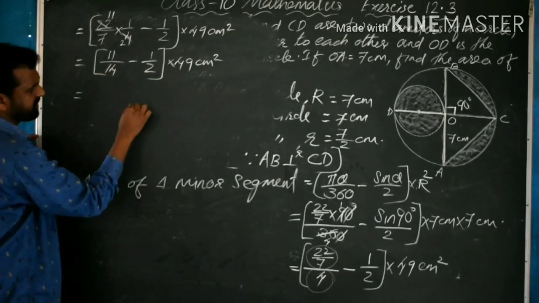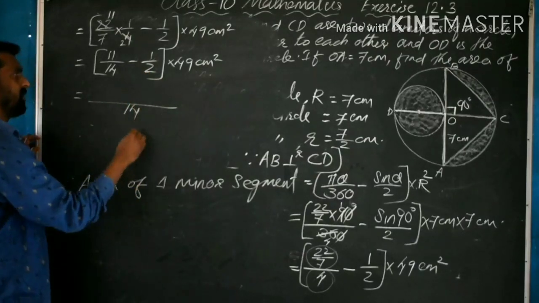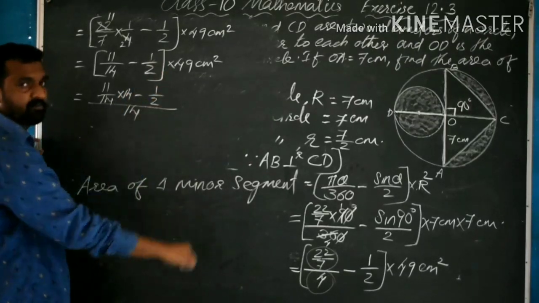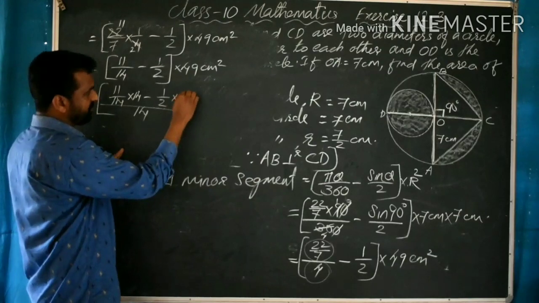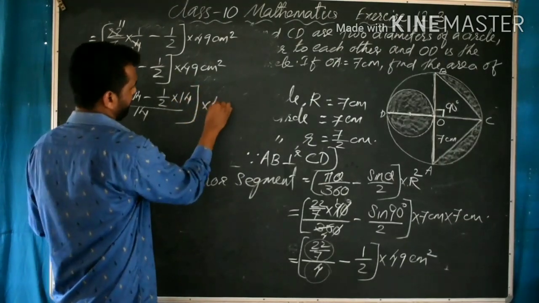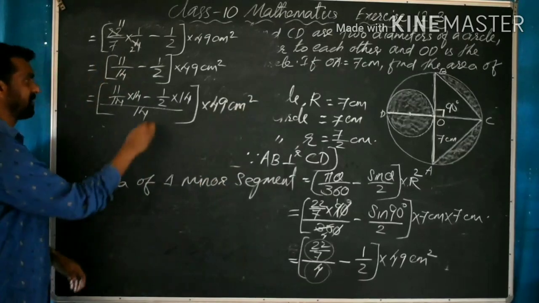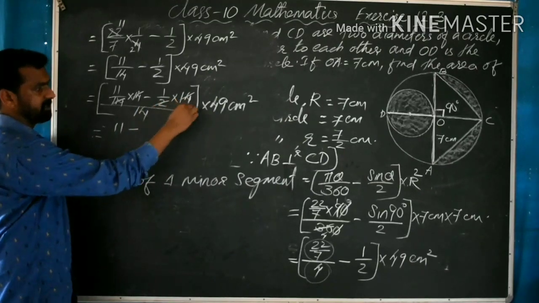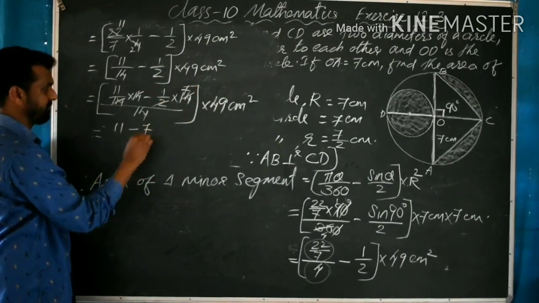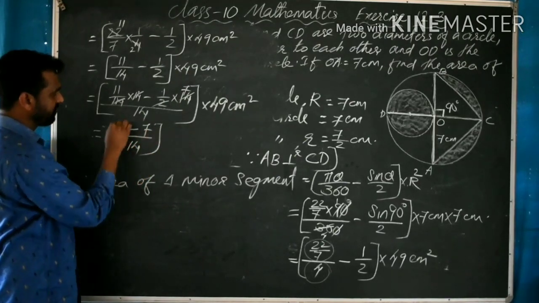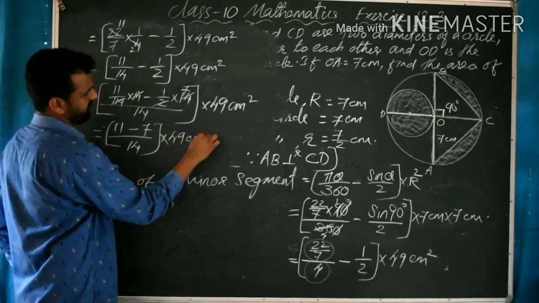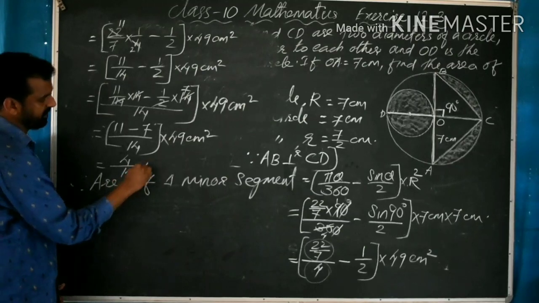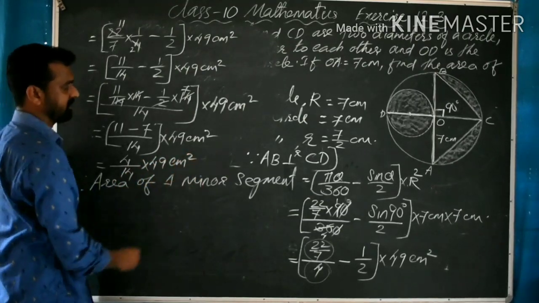Then 11 into 14 divided by 14 minus 1 by 2 into 14, into 49 centimeter square. 14 divided by 14 we can cancel, so 11 minus 7, that is 4 divided by 14 into 49 centimeter square.